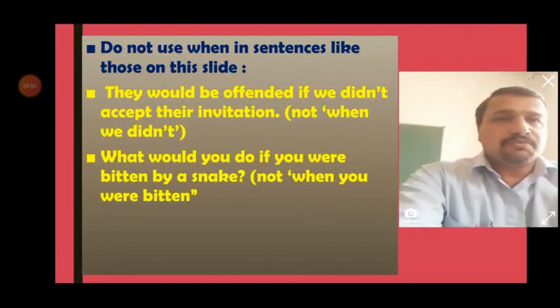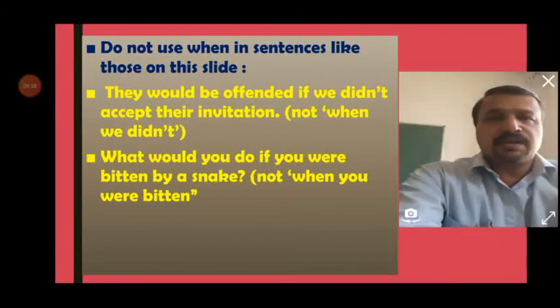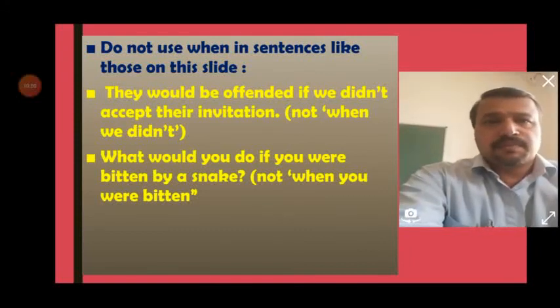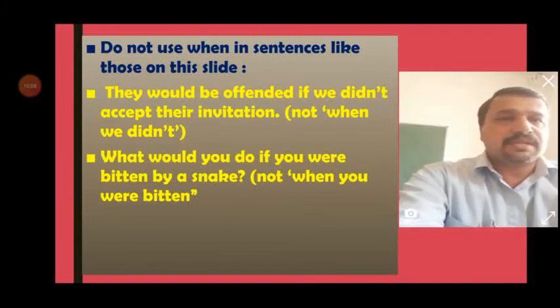They would be offended when we didn't accept their invitation is wrong to say. If we didn't accept their invitation. Then next one, what would you do if you were bitten by a snake? Not when you were bitten by a snake, but it is better to use what would you do if you were bitten by a snake.